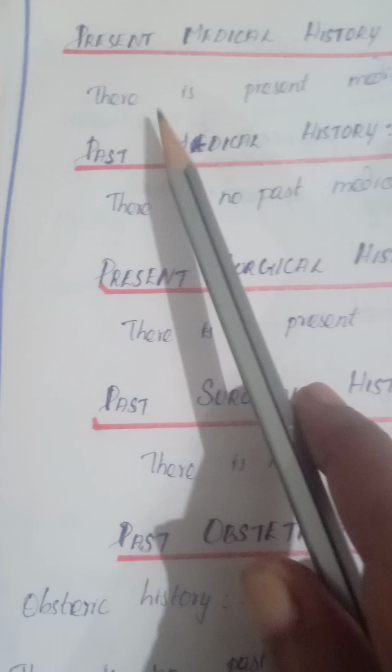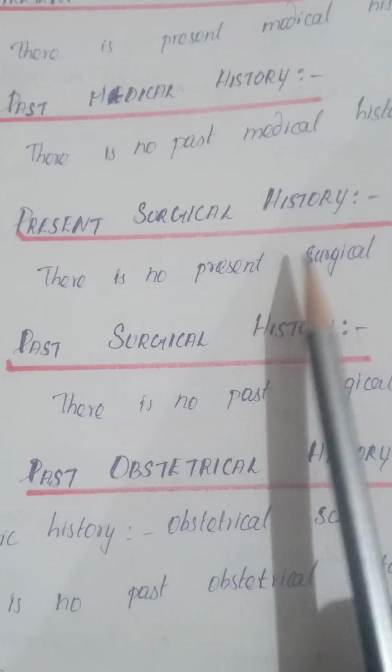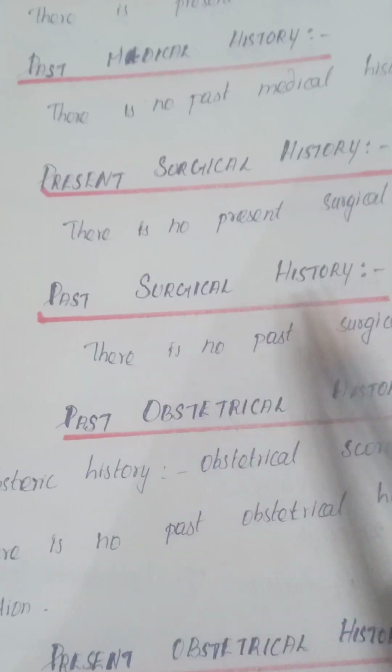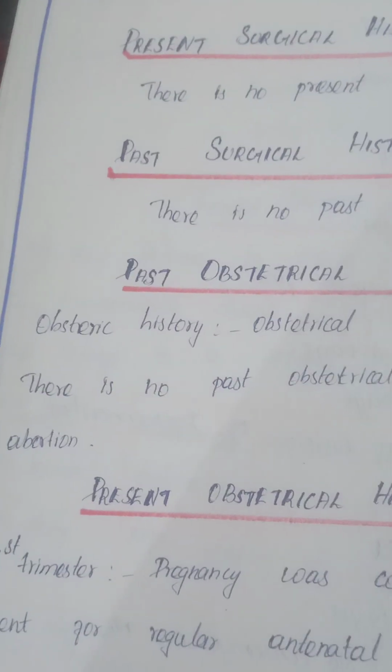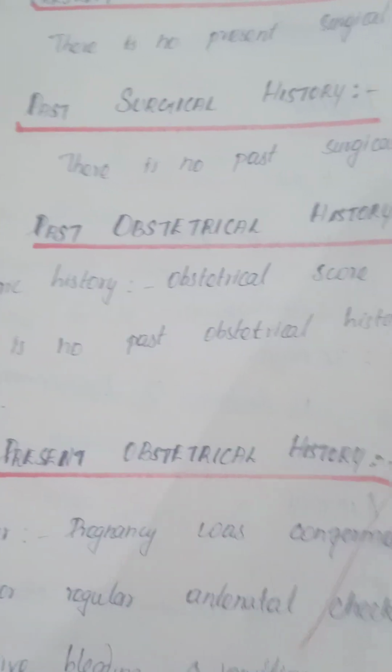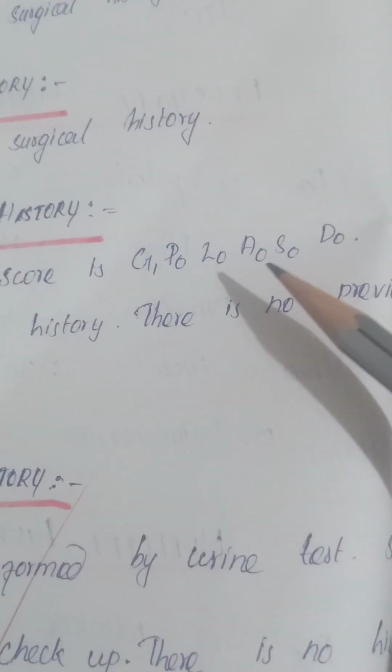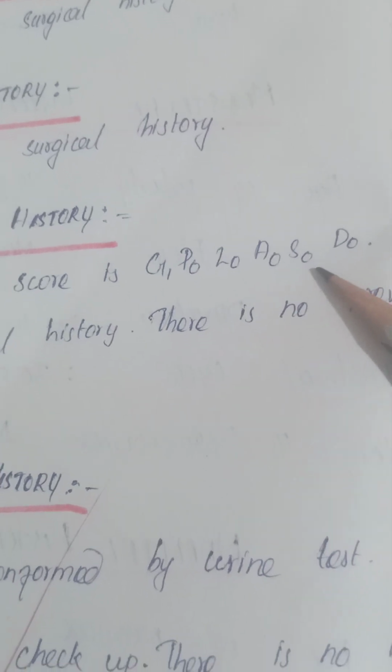Present medical history, there is no present medical history. Past medical history, there is no past medical history. Present surgical, no. Past, no. Okay. Then past obstetrical history. Obstetrical history score is G1, P0, L0, A0, S0, D0.